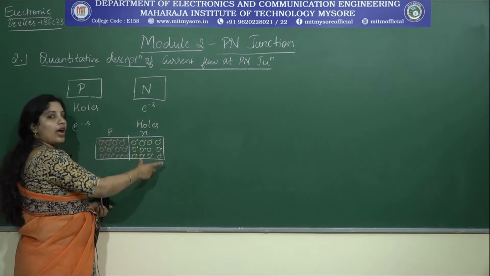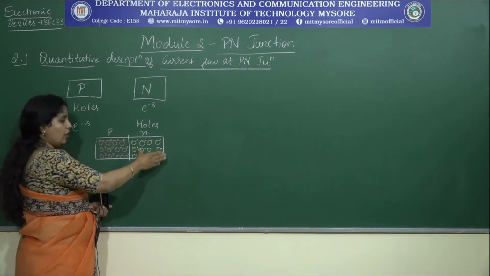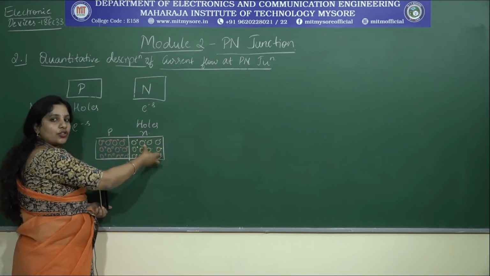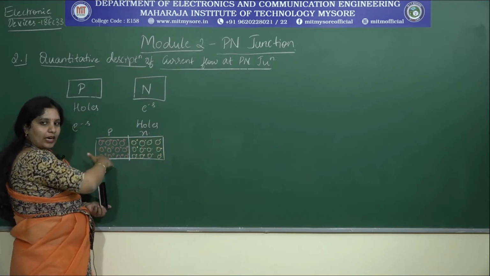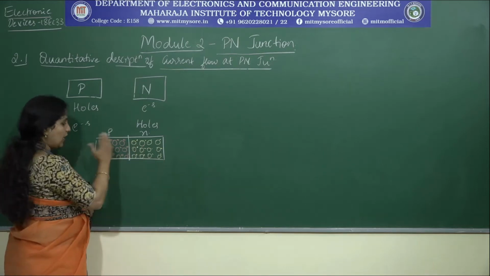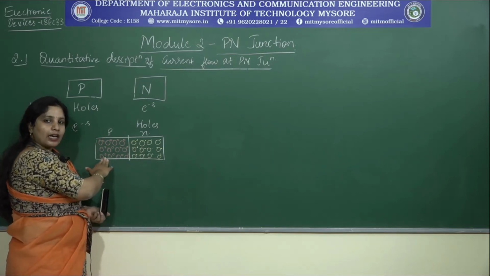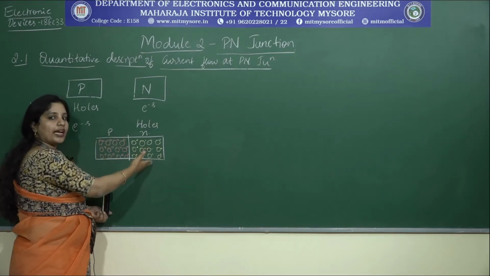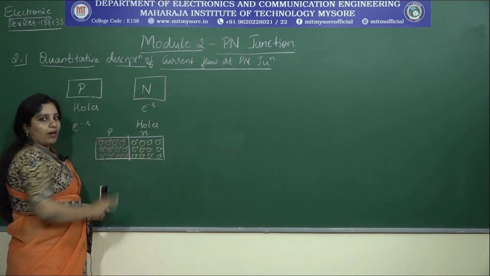Now what will happen? According to the concentration gradient, all the electrons which are heavily present in the n-type tend to diffuse into the p-type material so that they can make a balance. Similarly, the holes in the p-type, which are higher in concentration, tend to diffuse into the n-type material in order to make a balance.